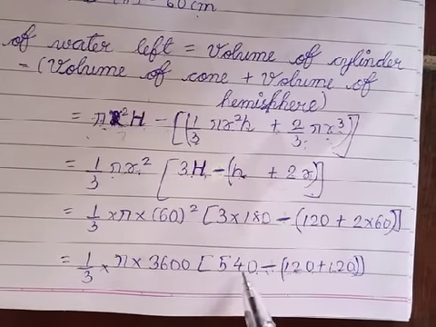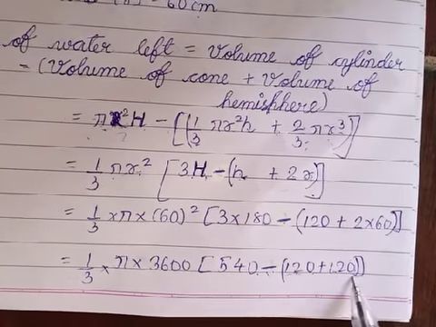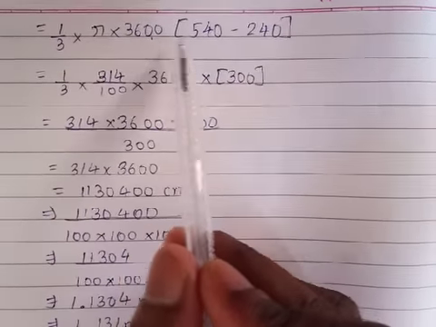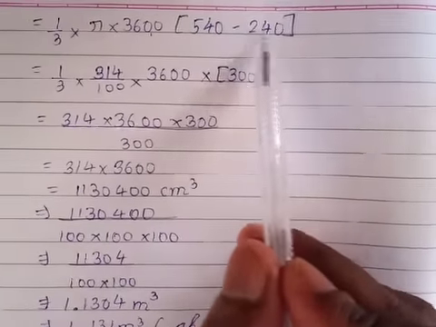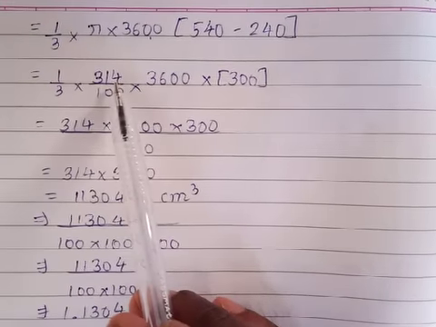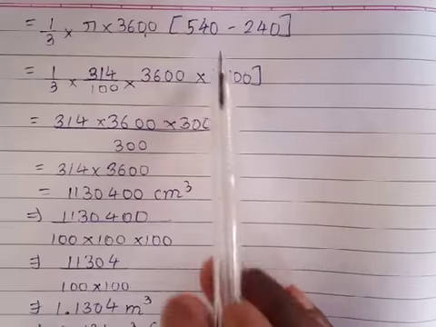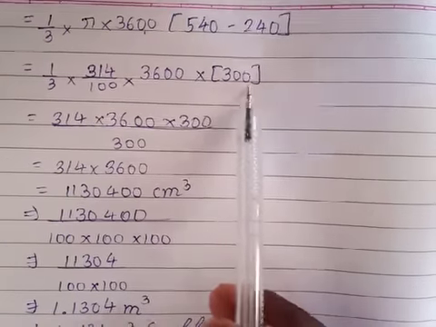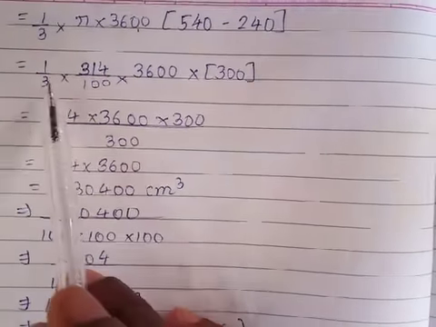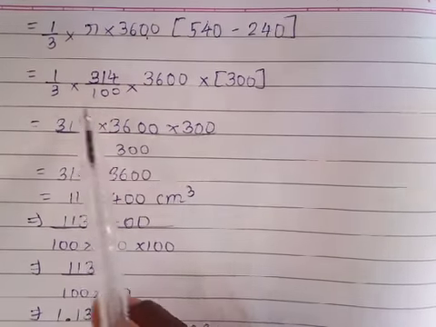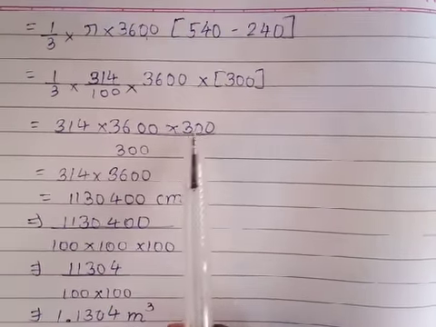So 540 minus 240, so we get 1 by 3 pi 3600. Is it? 540 minus 240 gives 300. So 1 by 3 into 314 upon 100 into 3600. The 300 and 300 cancel out.